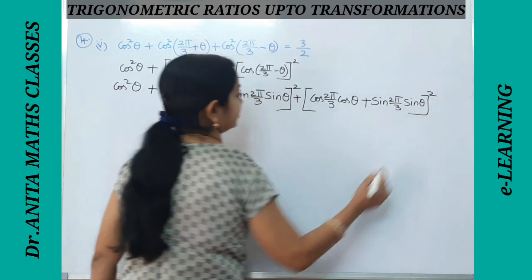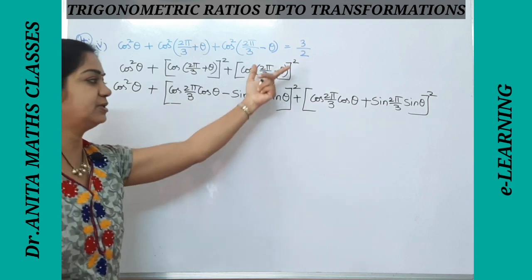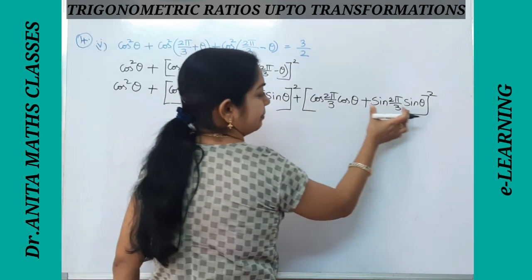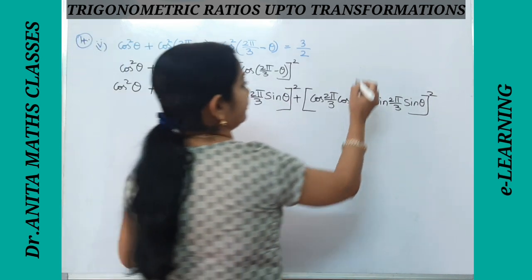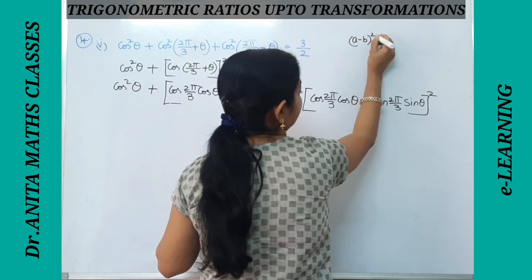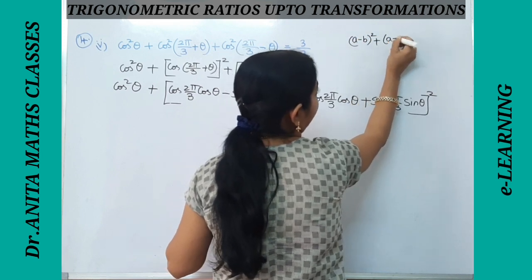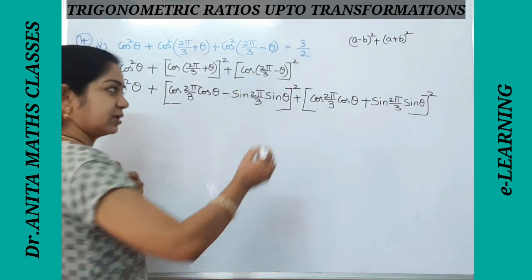Okay. Now, here we can take this complete thing as A minus B whole square, A plus B whole square. If you see here, A minus B whole square plus A plus B whole square, we know these identities, isn't it? So what comes here?